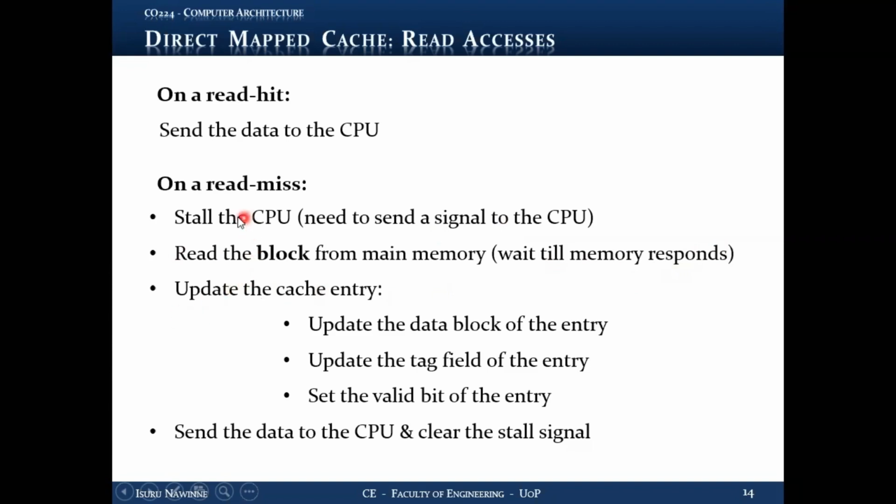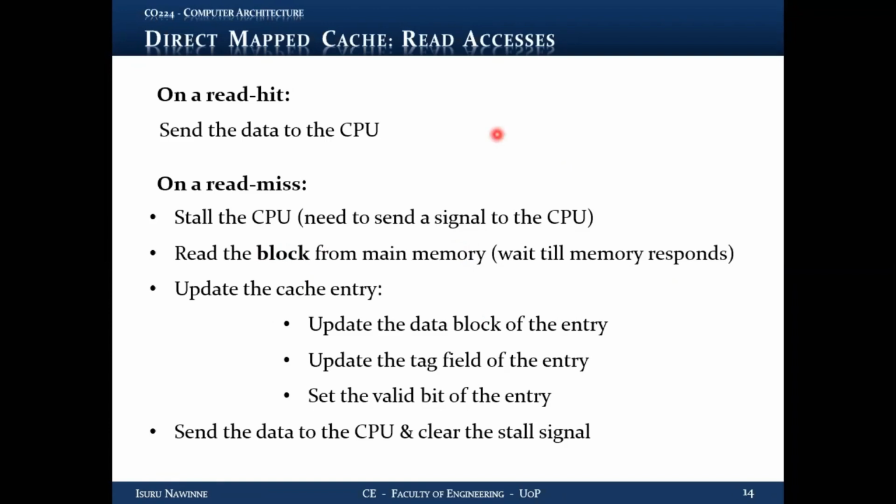So the first thing is to stall the CPU, then make a read request to the main memory for the block, right? Remember, the cache and memory deal with blocks. While the CPU asks for words usually, or bytes occasionally, the cache and the memory trade with blocks. That is to support the exploitation of spatial locality of programs, right?